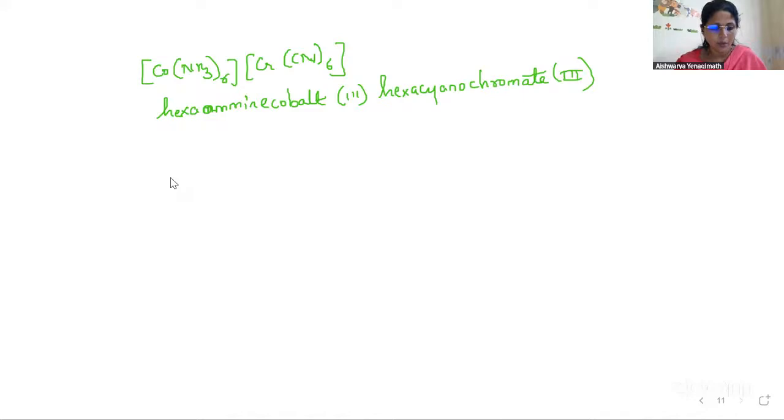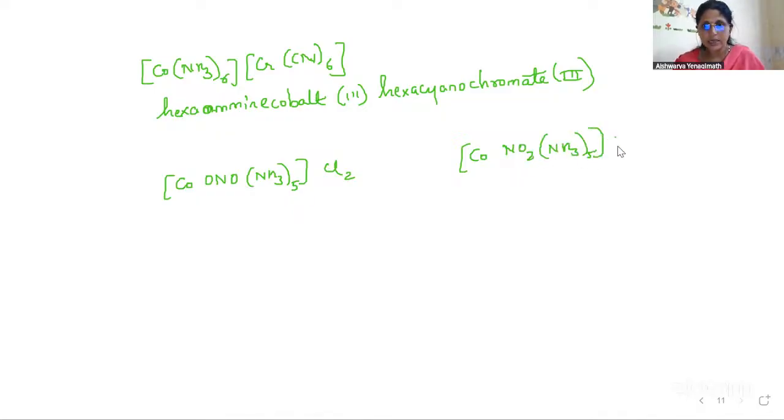Take another compound. [Co(ONO)(NH3)5]Cl2. Or I'll give you the compound [Co(NO2)(NH3)5]Cl2. How do you write the name for this? Yes, the names are written like this.